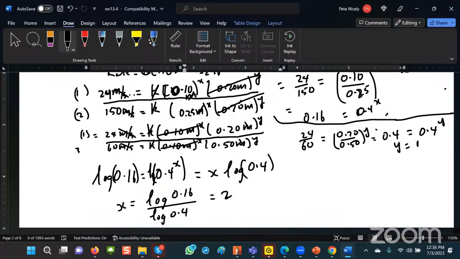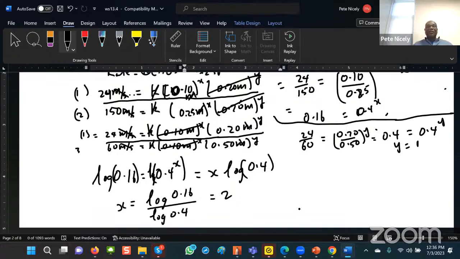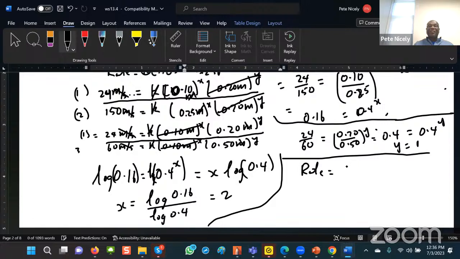All right. Okay. So let me just put a line here. So therefore, the rate law will be equal to K times concentration of NO raised to the 2, or squared, times concentration of bromine. All right.